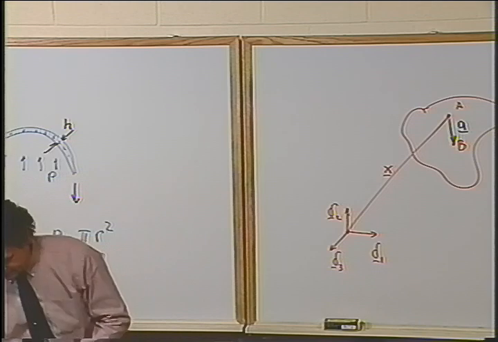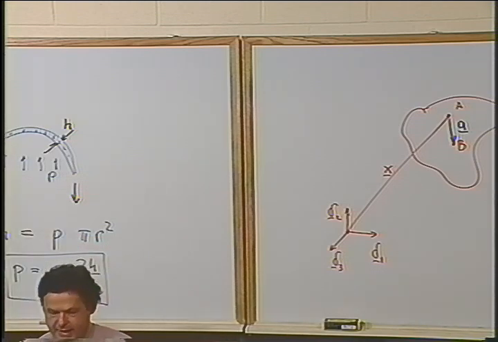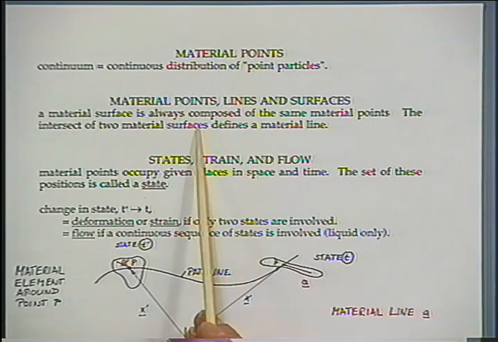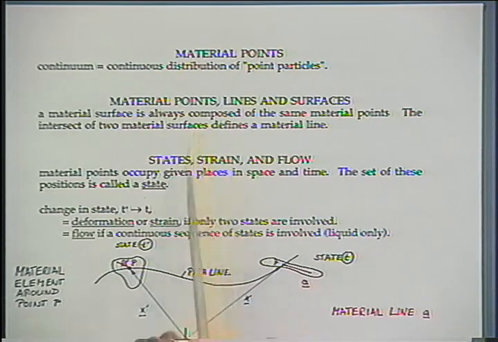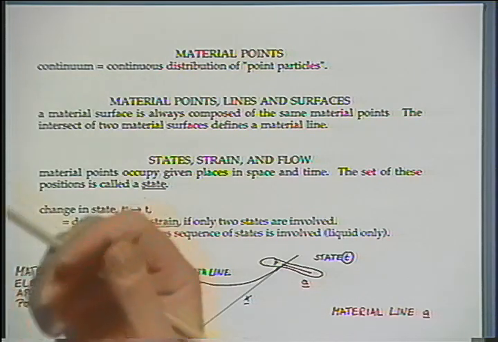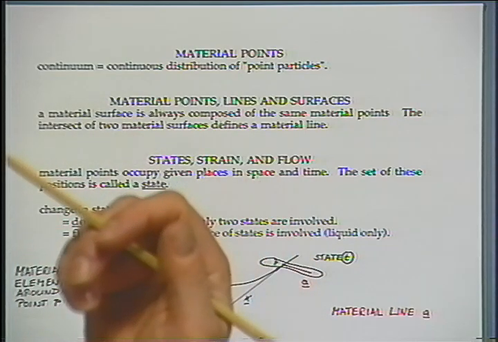Now, an intersect of two of those material planes would give rise to a line. And if we talk about two planes, it would be a straight line, or if it's three-dimensional surfaces, then it would be just a line in space, and that would be a material line which we will try to describe mathematically to describe deformations.